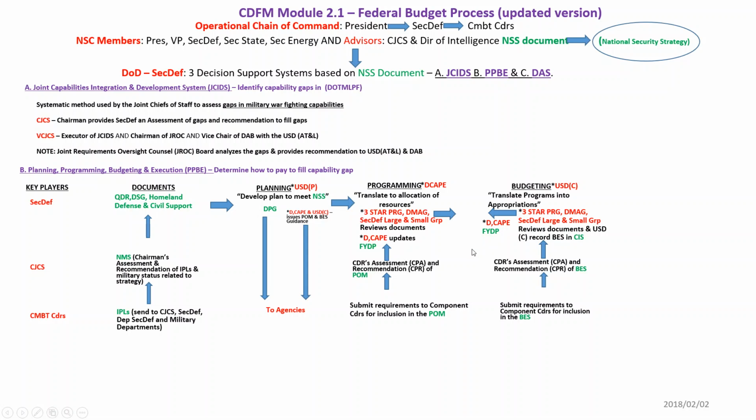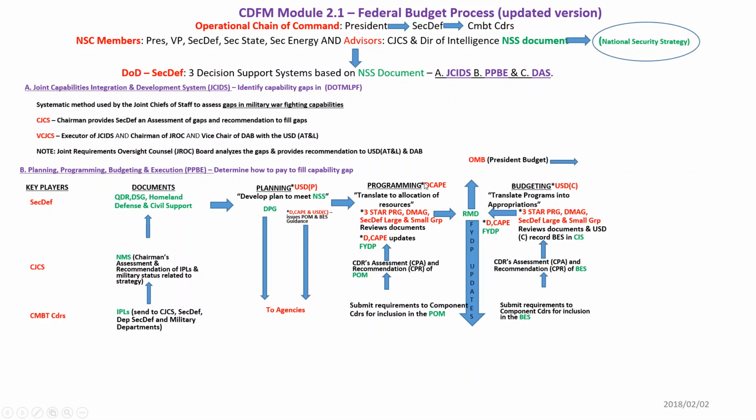The final document then, once DoD has done their backwards, forwards, reviews, and issue resolution, that information that is getting ready to be sent upwards to the Office of Management and Budget is the Resource Management Decision, the RMDs. So at the end of the budgeting phase, the final document is the RMD. Planning was the DPG, Defense Planning Guidance.